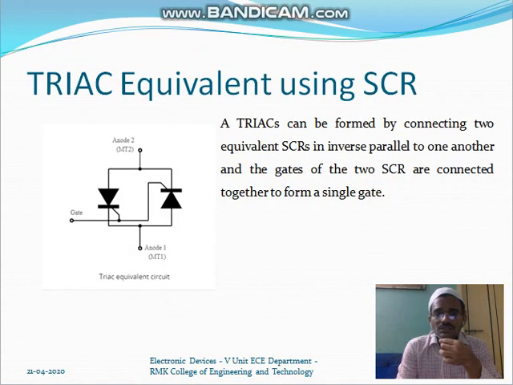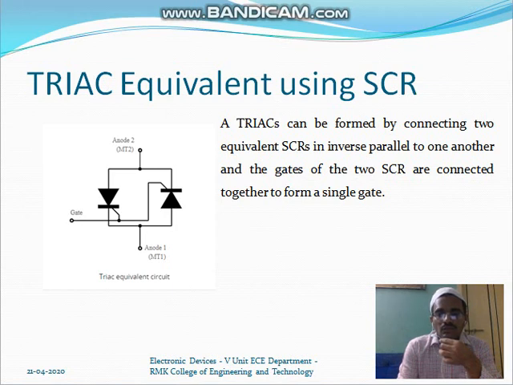Now next, TRIAC equivalent circuit by using SCR. So now we can draw a circuit of the TRIAC using the silicon control rectifier, SCR. Now this is the figure where two SCRs are being used in parallel and they are kept in reverse direction, but the gate is taken in common, right?